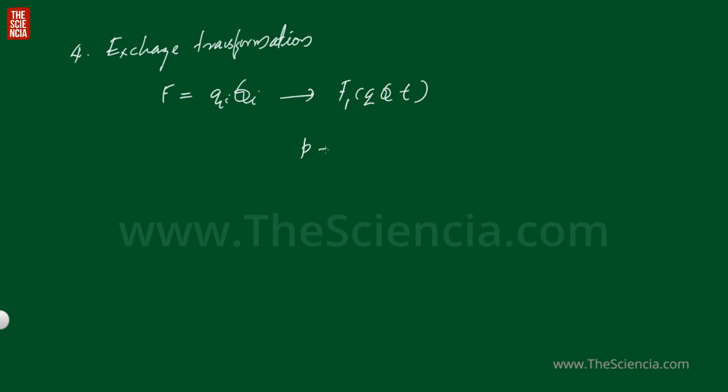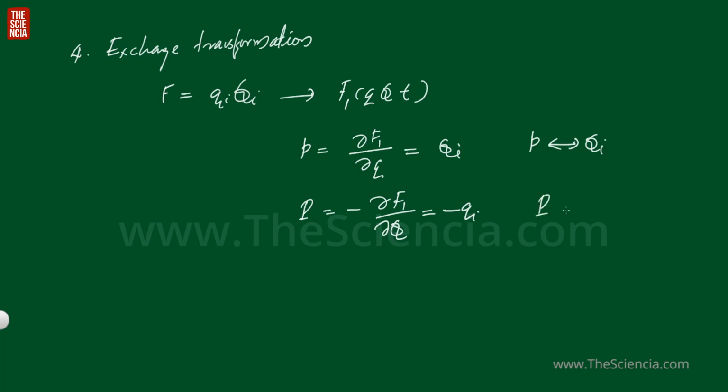One is small p equal to ∂F1/∂q, and this is equal to capital Qᵢ. And another equation is capital P, that is equal to minus ∂F1/∂Q, that will be equal to minus qᵢ.